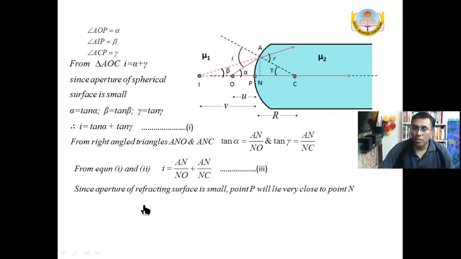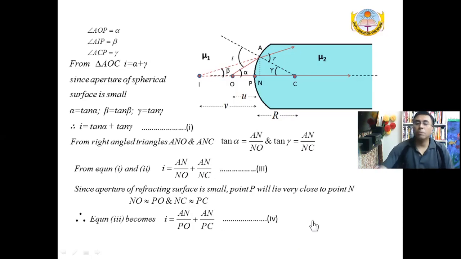Since the aperture of the refracting surface is small and point P lies very close to point N, I can write NO as PO and NC as PC. Therefore, this equation becomes i equals AN upon PO plus AN upon PC. What we have done is simply replaced NO with PO and NC with PC. So this becomes your equation number 4, which gives you the relation of i in terms of PO, PC, and AN.